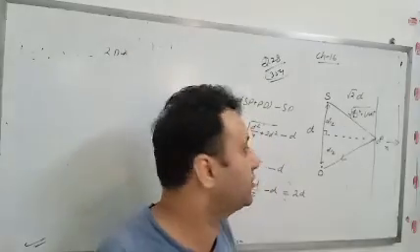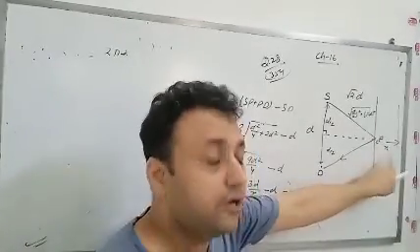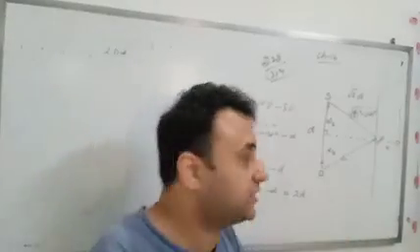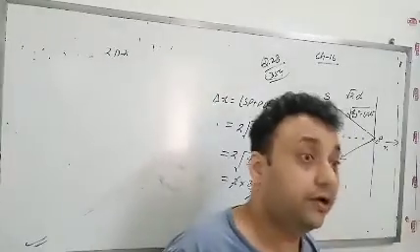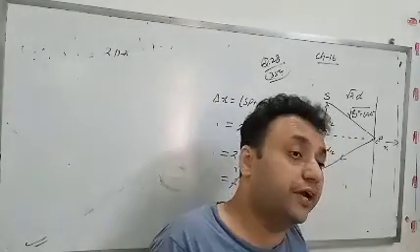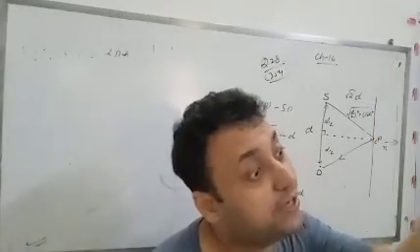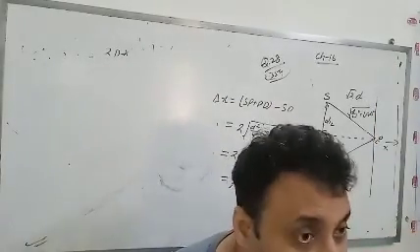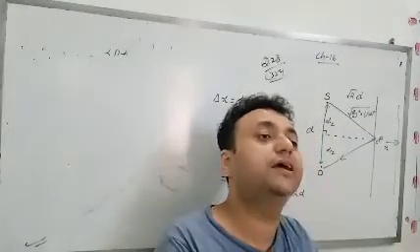For this condition we have to find this distance x. Whenever it is out of phase, the wave incident on the screen and coming back has a phase difference of 180 degrees, so the path difference will be lambda by 2.